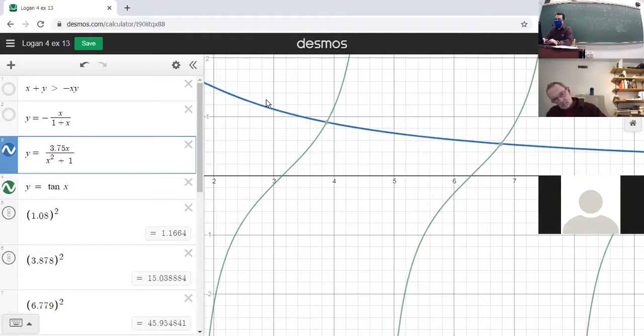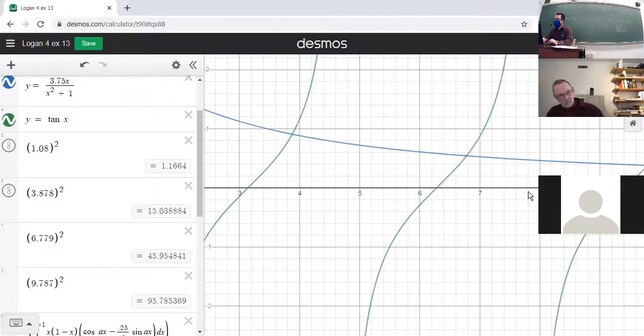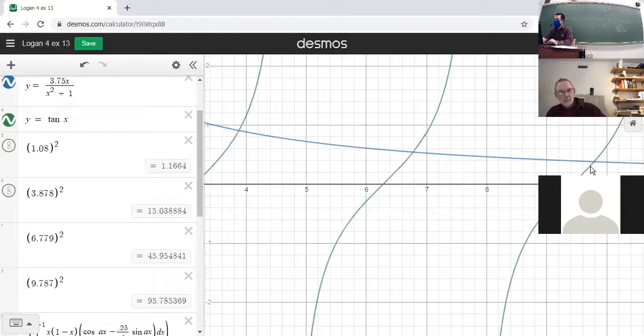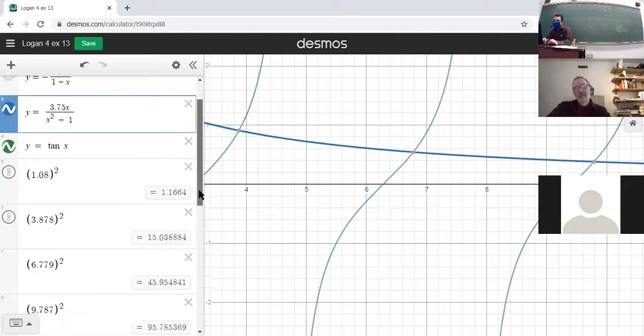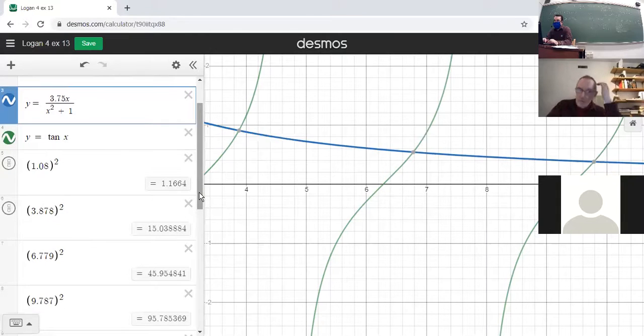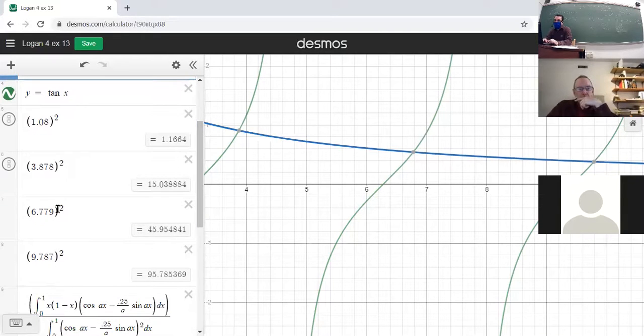I stopped there. I just did the first 3. No, actually, I did one more. The next one is 9.787. So you can see this sequence of eigenvalues marching off towards infinity: 1.1664, 15.038, 45.954, and so forth, and then 95.785. That's the first 1, 2, 3, 4 lambdas.